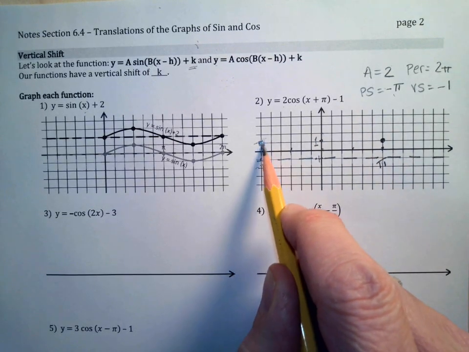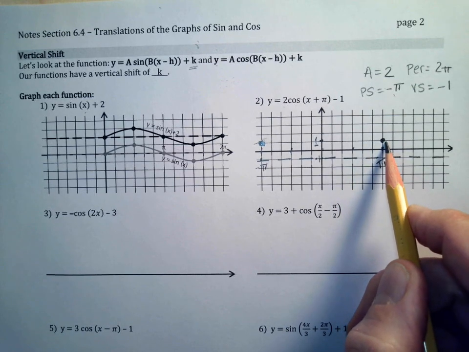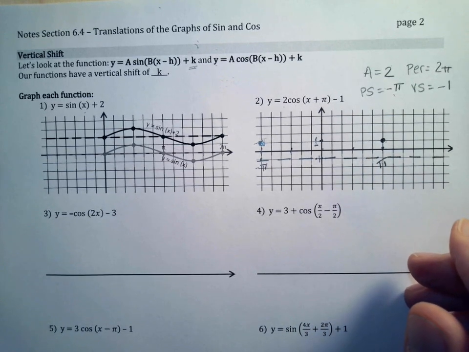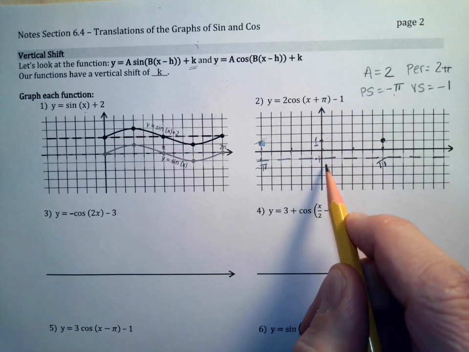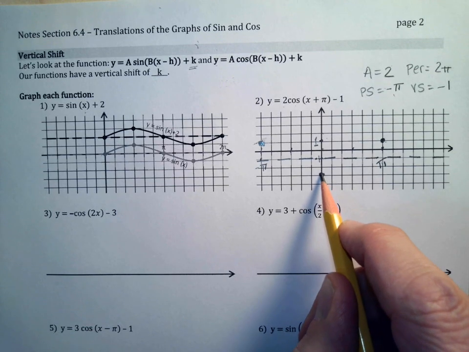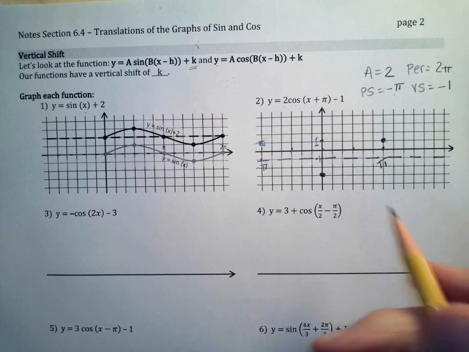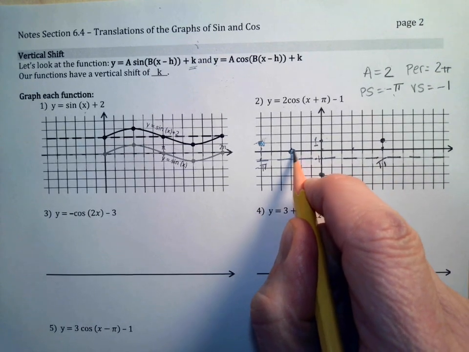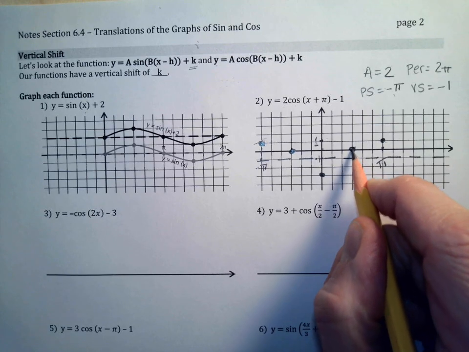So we start above because it's positive 2, and we start above over here as well. Okay, halfway between, we're going to be 2 below the baseline, so I'm here, down at negative 3. Halfway between, of course, we are on the baseline. That would be here.